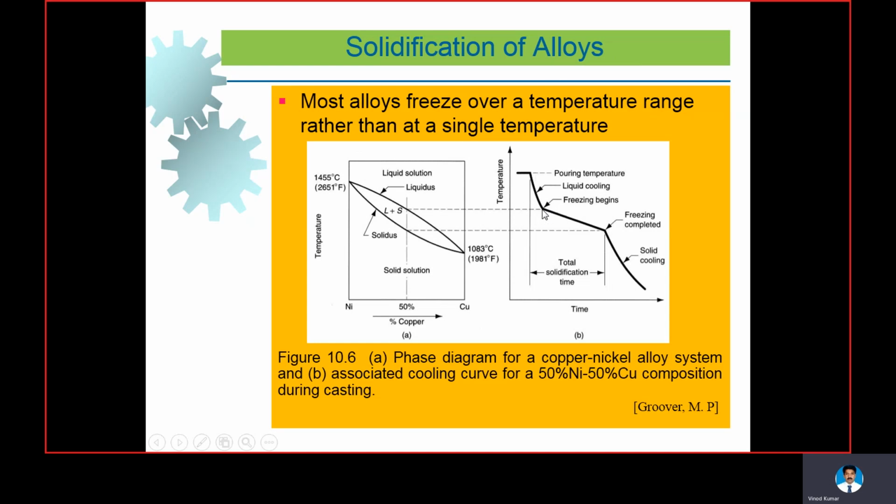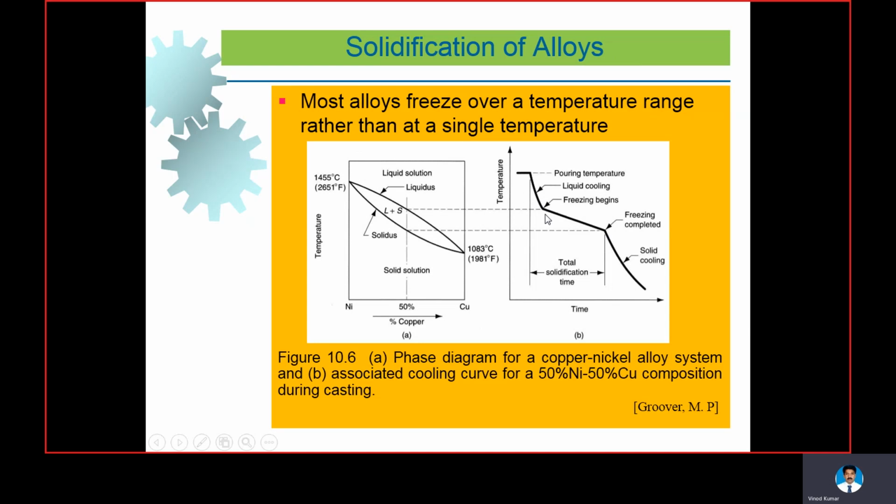In a pure metal, freezing starts and freezing ends at the same temperature. But if it is an alloy like steel, freezing starts at a point, and then the temperature also decreases with time, and at a particular temperature, the complete amount of liquid will get converted to solid. So this freezing takes place over a temperature range rather than a single temperature.